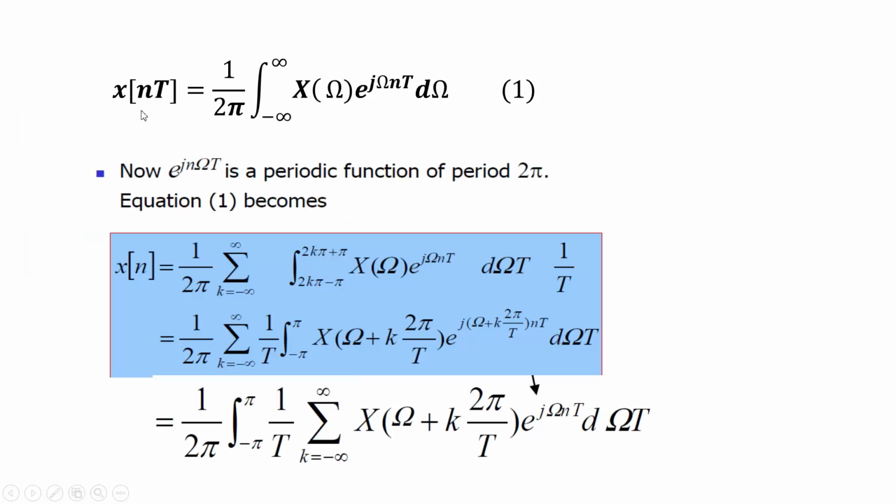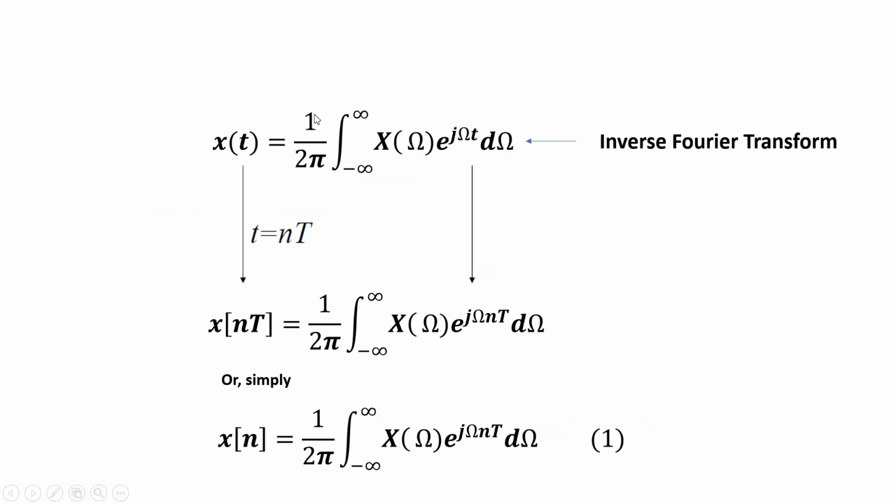Now, x of nT, which is the discrete form of the signal, is 1 over 2 pi integral going from minus infinity to infinity of the analog spectrum, e to the power j big omega n capital T. Basically, this has been obtained. This is the same equation as we were discussing in the previous slide.